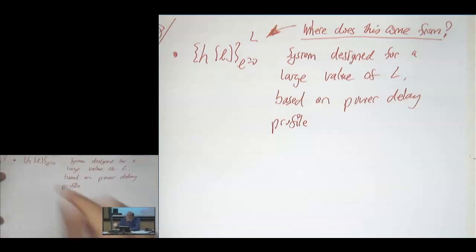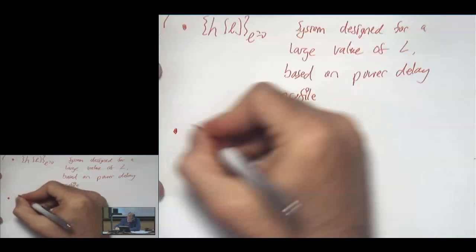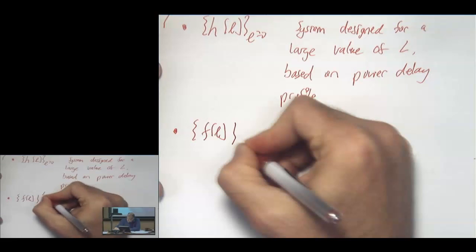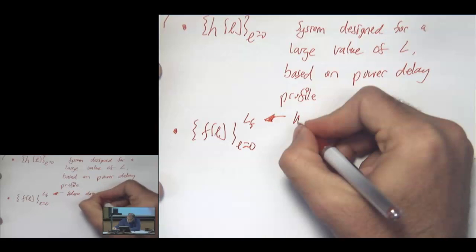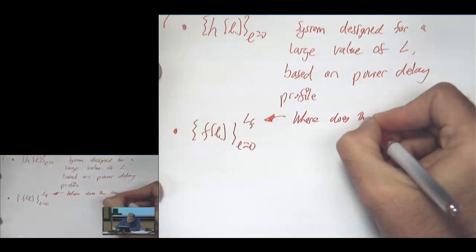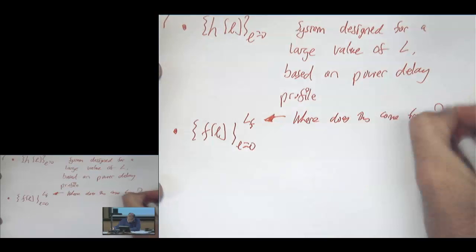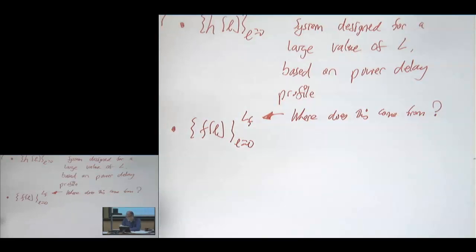Now, the second piece of related information that no one is asking about is where do we get L sub F? Where does this come from? This is a little bit more tricky, and there are different ways to think about it. First of all, we are approximating an infinite impulse response filter.